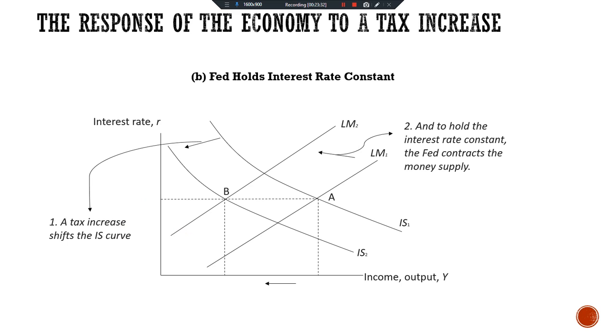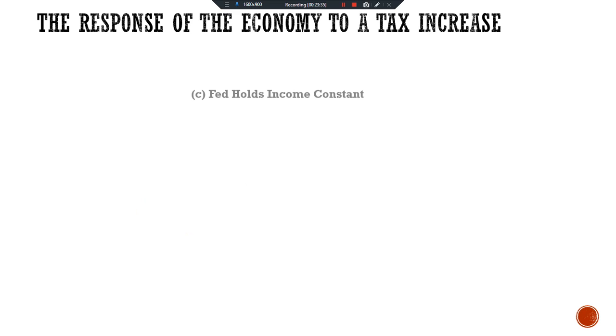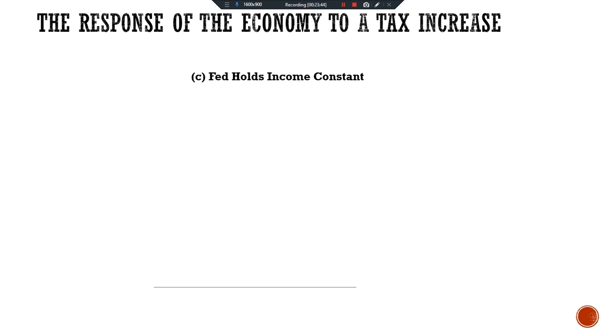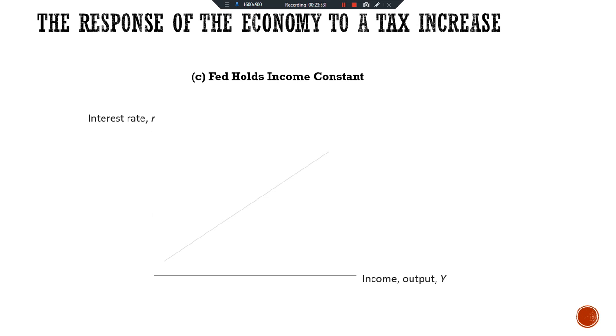Let's see another graphical presentation when the central bank or Fed holds the income constant. When holding the income constant, what will be the equilibrium of the economy? Here we have income output Y on the x-axis, interest rate on the y-axis, an upward sloping curve LM1, and a downward sloping IS curve.